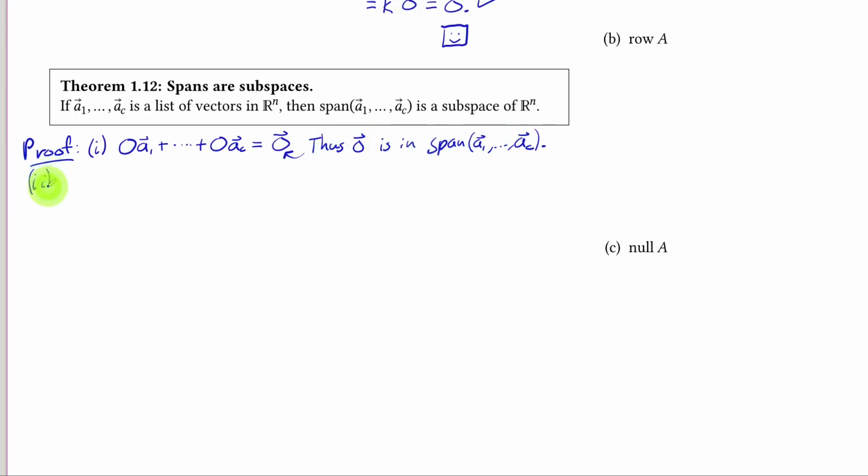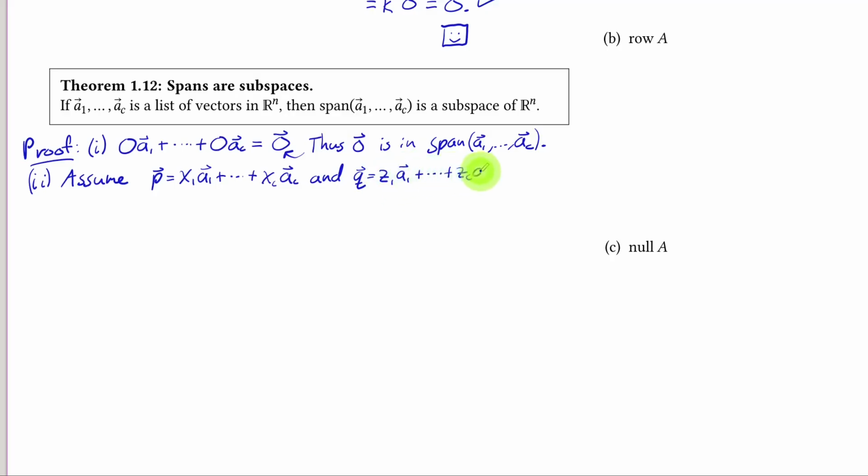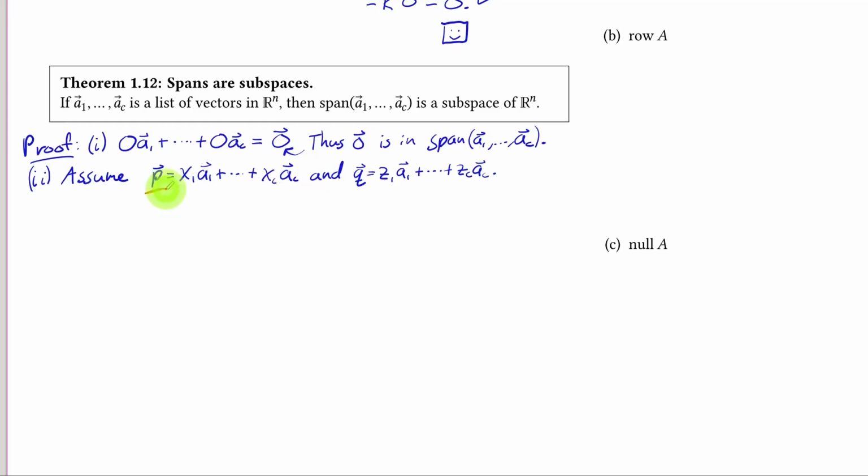Is it closed under vector addition? So we want to show that for any two vectors, P and Q, that are in the span, their sum is in the span. But we could just write out what it means to be in the span.